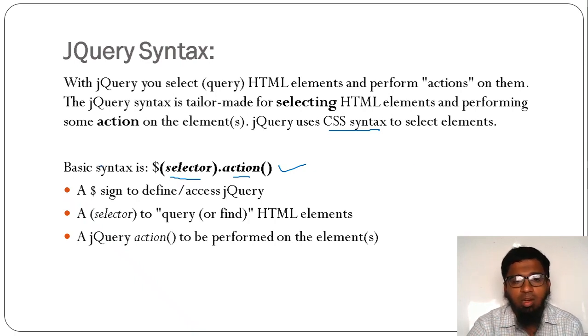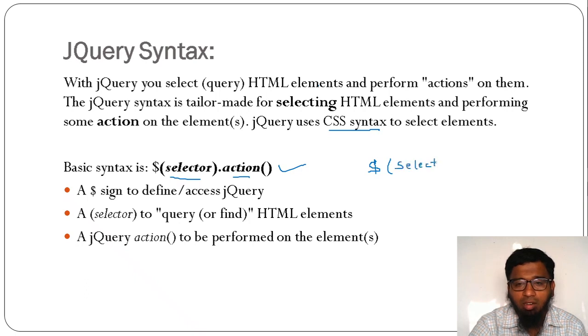Okay, so here is the syntax. What is the syntax? First dollar, then the selector, meaning whatever the selector is. In place of the selector, you may have p, a, h1, any tag can be there.